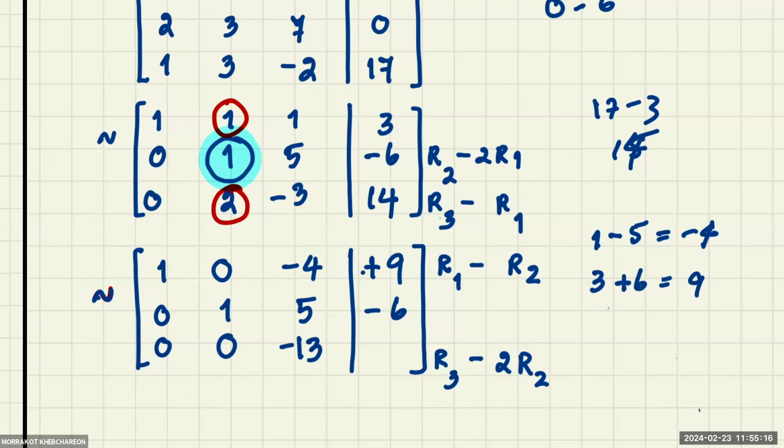Okay, and then this one is R3, which is minus 3 minus 2 times 5, which is minus 13. And then 14 minus 2 times minus 6, right? That's 26. Okay, that's correct.